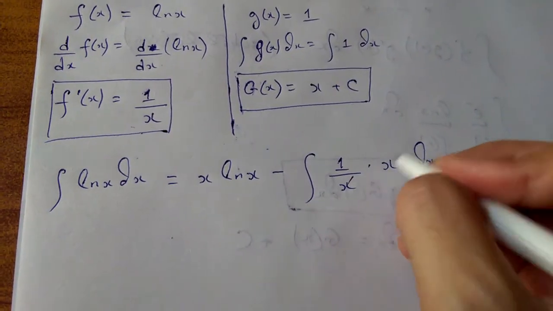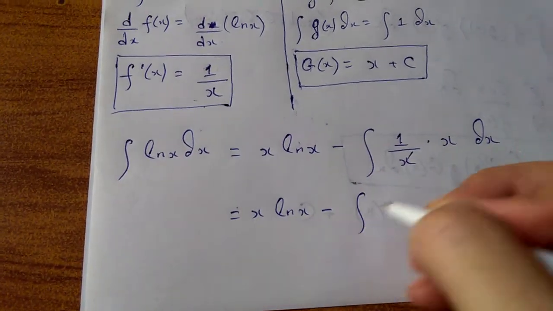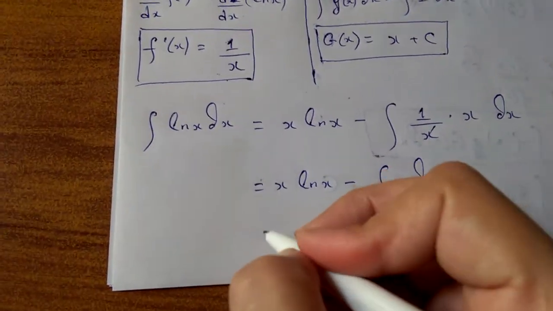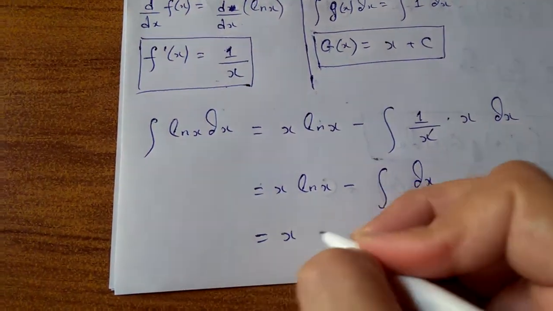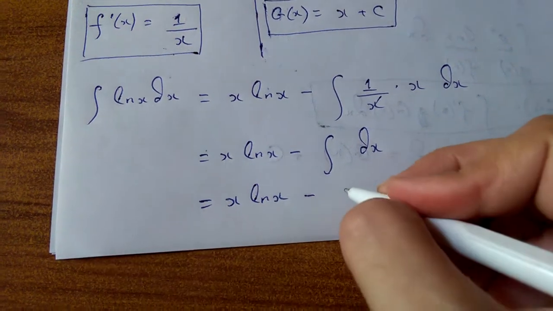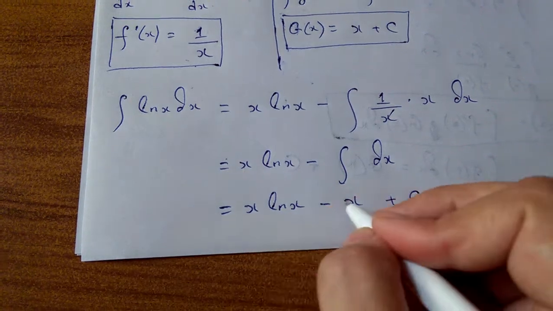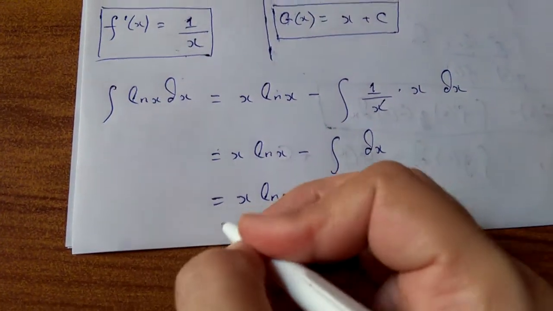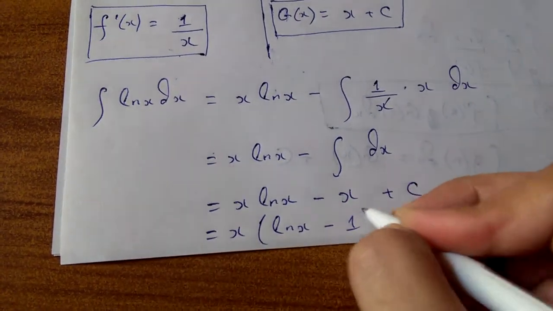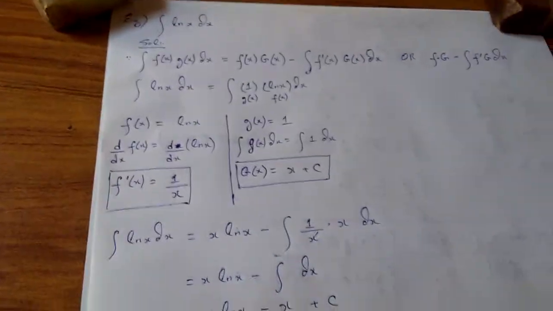So this is going to be cancelled out, and just 1 is left in the integrand. You can write it or not, it's your choice. So now x ln x minus integral of 1 with respect to dx is x, as I told you already, plus some constant. Okay, so over here in these two terms x is common, so x times ln x minus 1 plus some constant, and this is it. That's your answer. Okay, so that's how you perform integration by parts.